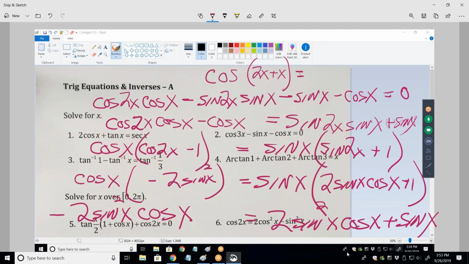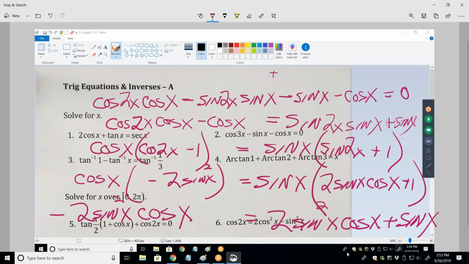Same thing we got on the right side. So if I add it to the right side, I think this is going to work.